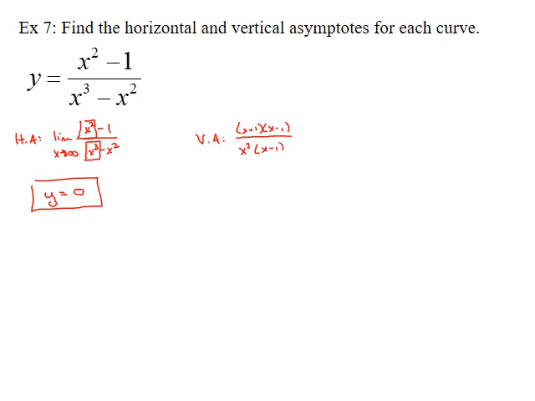And as you can see, as a reminder, when there is a common term, you need to cancel that out, which leaves you with a simplified x plus 1 over x squared, but for vertical asymptote, you only set the bottom part equal to 0. So x squared equals 0, take the square root of both sides, and in this example, you have one horizontal asymptote and one vertical asymptote.